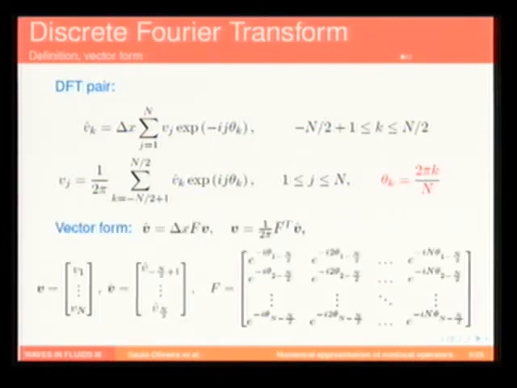This DFT can be written in vector form, so we introduce a Fourier matrix involving these exponentials here. Just to point out that the indices for the transformed vectors have this shift by n over 2.